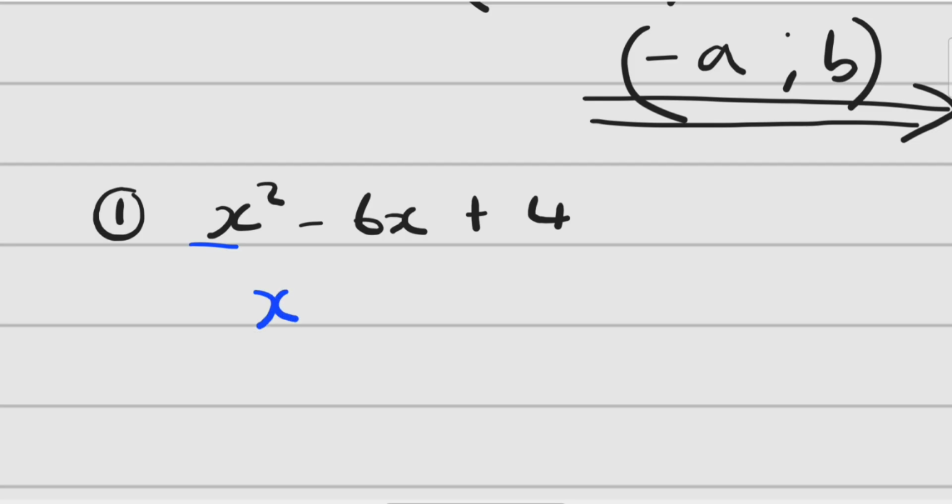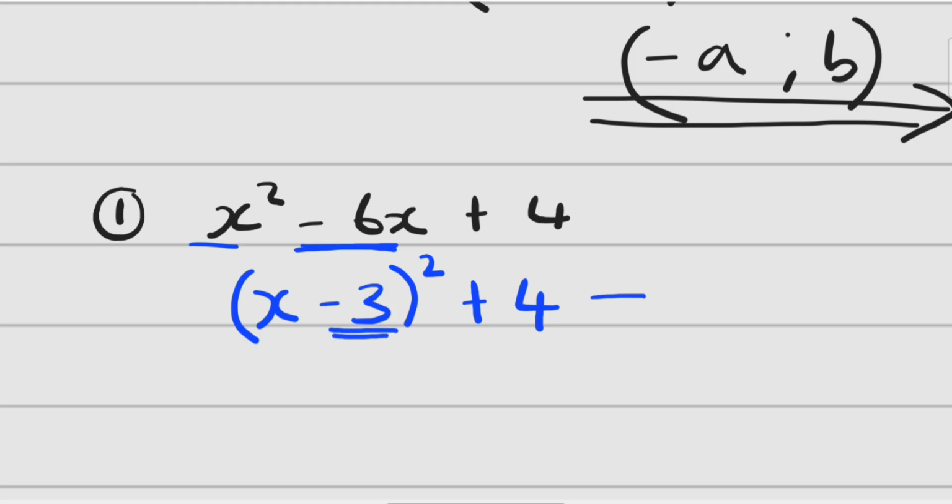So we write x minus half of this. So it's this divided by 2, so that would be 3. Then we put that in brackets, then we put a square. Then we say plus 4, then we subtract this number squared, so that would be minus 3 squared, that will give us 9.